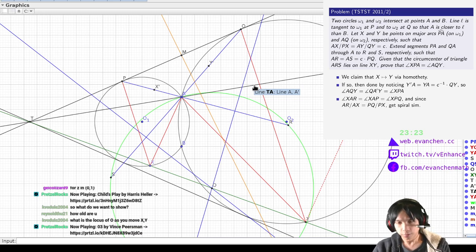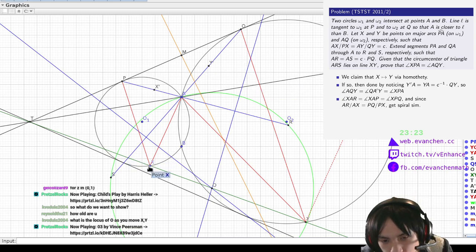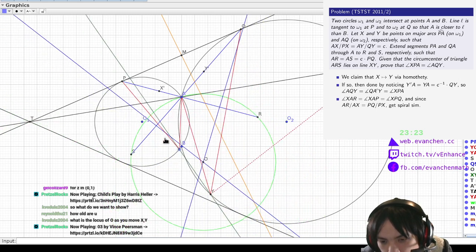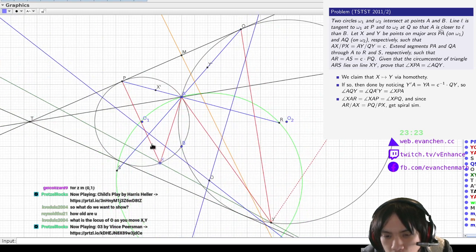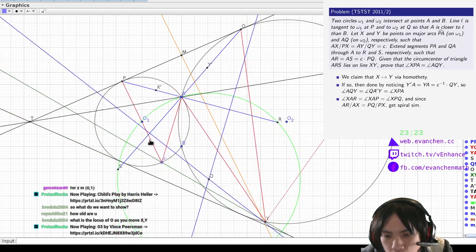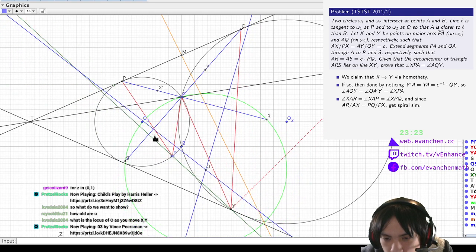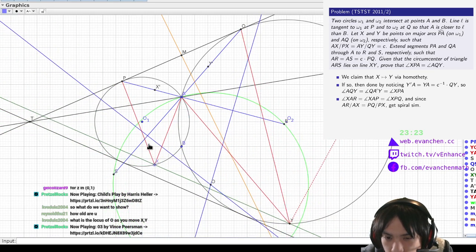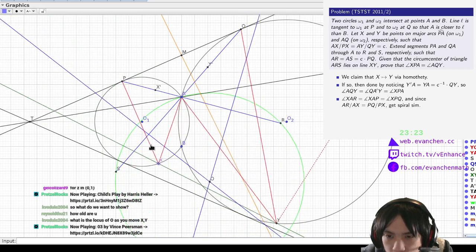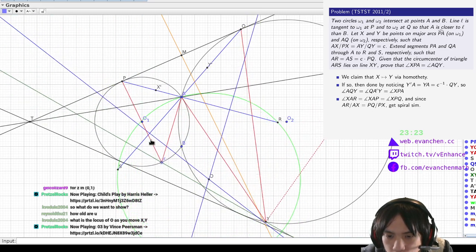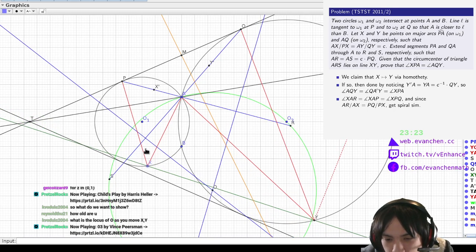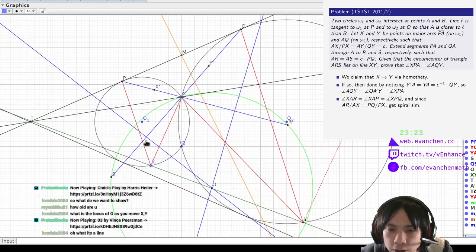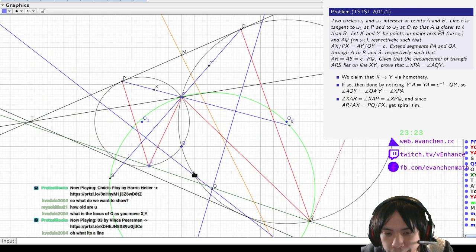What is the locus of O as you move X and Y? Oh, maybe it is a line. Yeah, the locus of O should be a line because it's formed by intersecting these two perpendicular bisectors at fixed points, and these ratios move linearly.